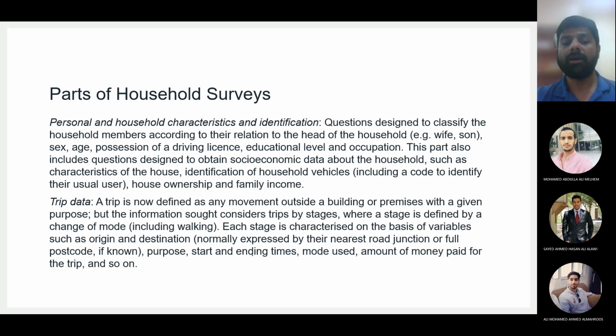So trip information can be gathered. The first thing you need to gather is purpose. I've already mentioned it. This is the most important part that you have to find out. Then, one trip may have multiple stages. For example, you may walk to your friend's house, and then you may share a car with him to go to someplace else.